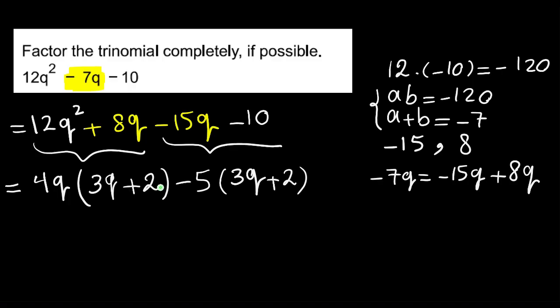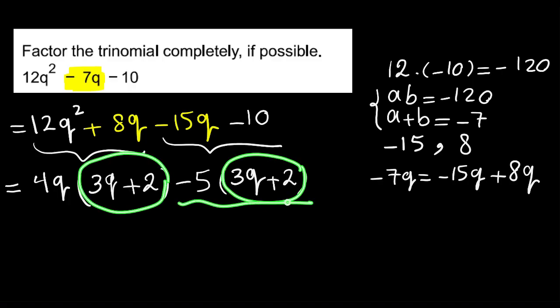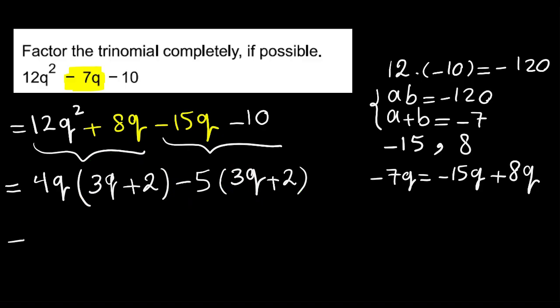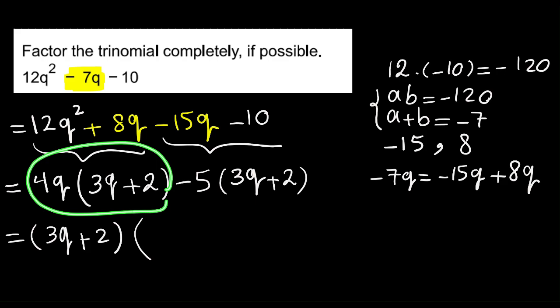Now you see that there is a common factor between the first and second term. So we factor 3q plus 2 from these two terms. If we factor 3q plus 2 from the first, the remaining part is 4q.